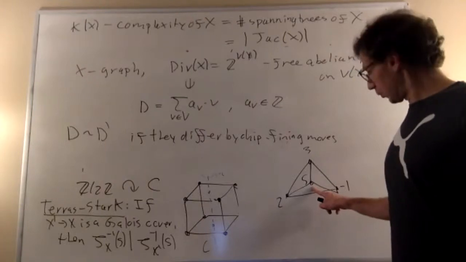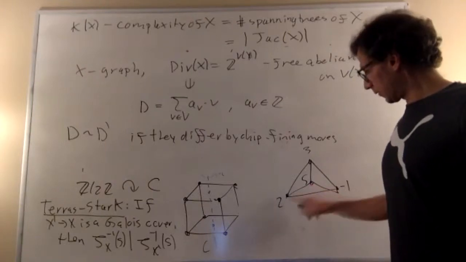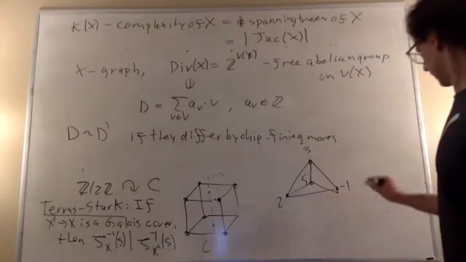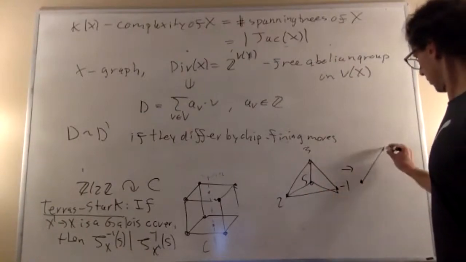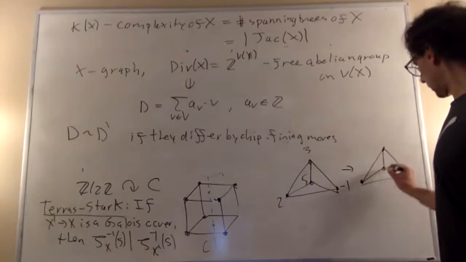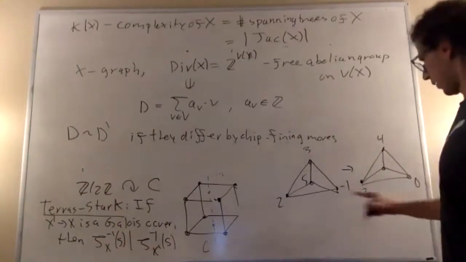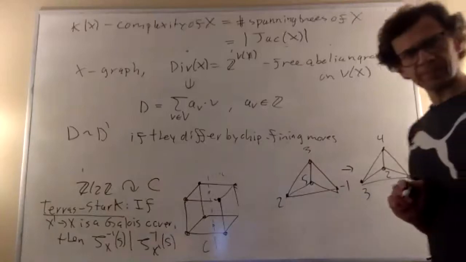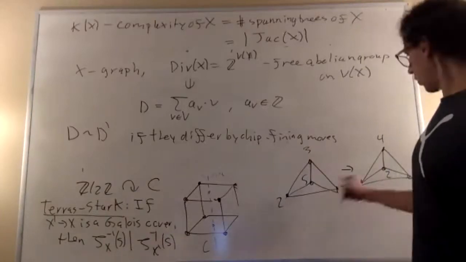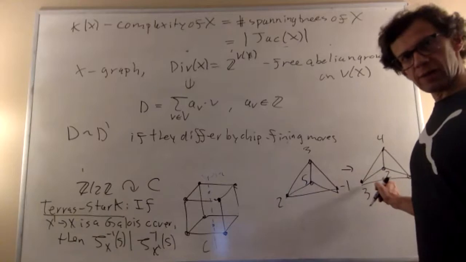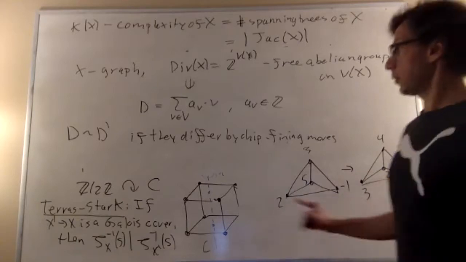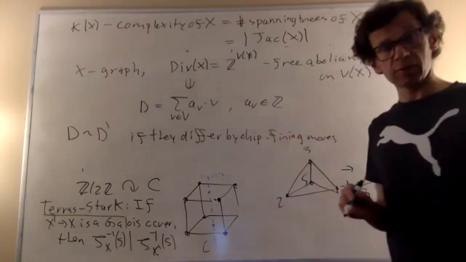And in a single move, you give each of the neighbors of this vertex a single chip. So what you'll get is this. There's going to be a 3 here, a 4 here, a 0 here, and now this one's a 2. And so the equivalence relation generated by these moves is an equivalence relation on the divisor group.